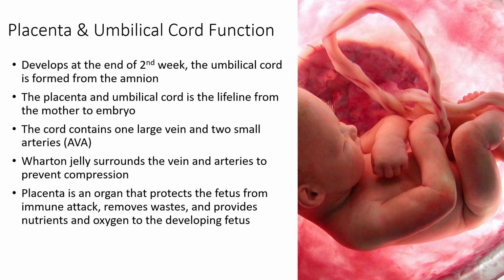The placenta itself is an organ that develops during the developmental stages. It protects the fetus from immune attack. It removes waste, and it provides nutrients and oxygenation to the fetus. So these two structures are very important to the development of the fetus in utero.